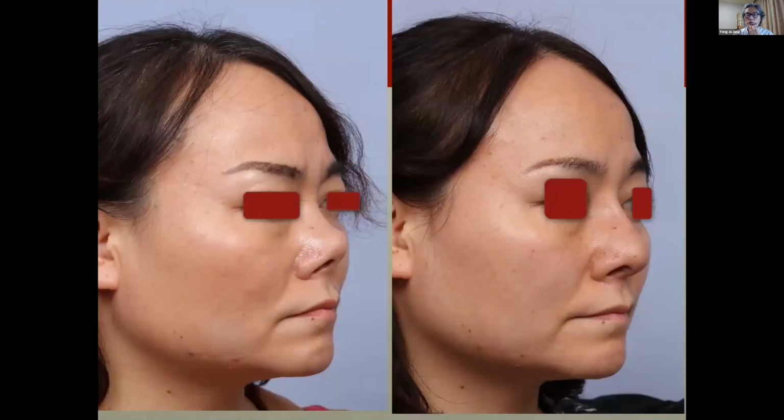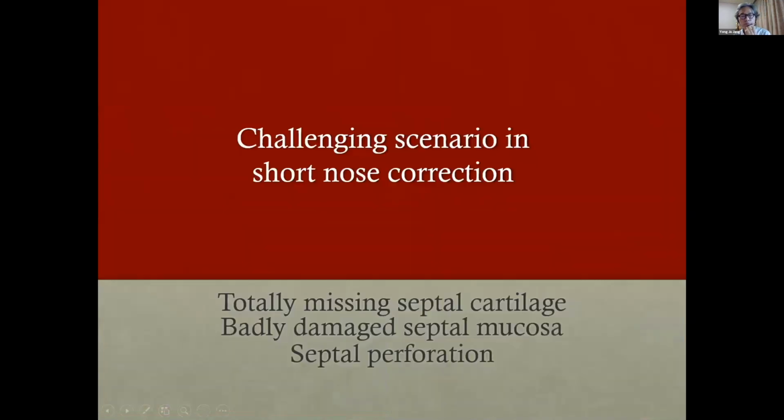As you can see here, I was able to derotate the nose. But there are some difficult situations when the patient has totally missing septal cartilage, the mucosa is badly damaged, and there is a big perforation. We cannot elevate the septal mucosal flap.